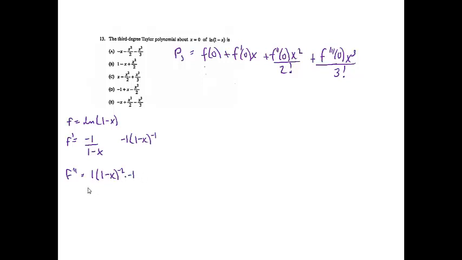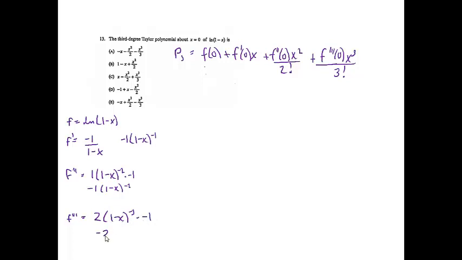So this will give me negative (1 minus x) to the negative 2. And then I do need to take the derivative one more time. So the triple prime will then be my negative 2 out front. So I'll get 2 (1 minus x) to the negative 3, but I still have to multiply by that chain. The derivative of 1 minus x is negative 1.